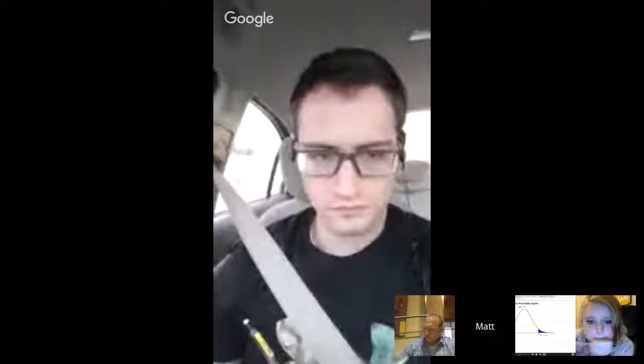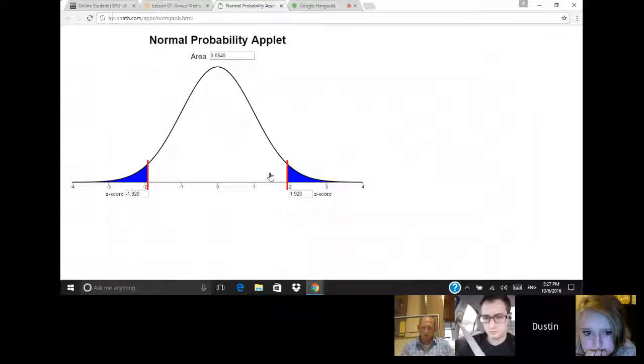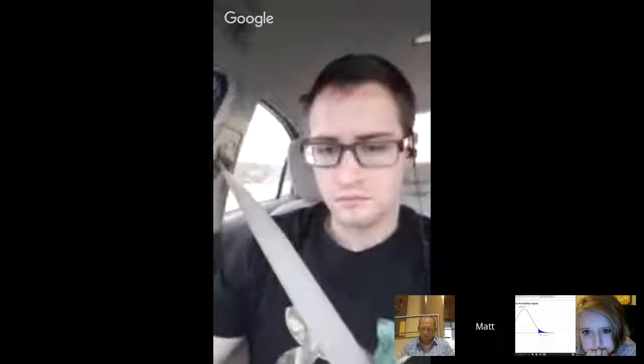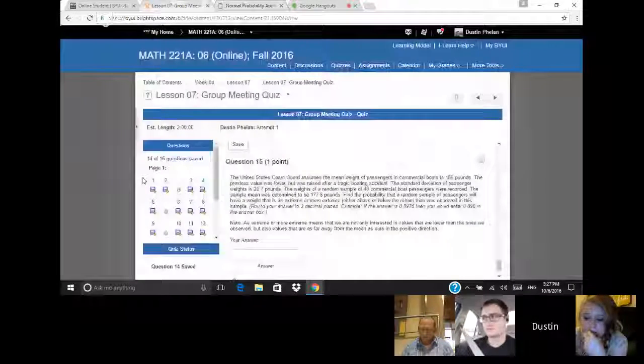What I'm thinking, and I might be wrong, is that they're looking for the two outliers, the blue over here and the blue over here, because they're looking for those extremes. And the probability that I'm seeing is 0.055. I'll throw it in and submit my test and see what it says.